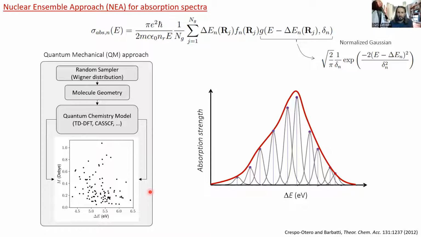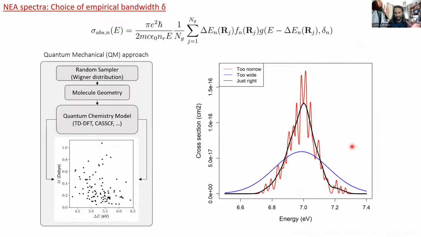And so the total spectrum is calculated as the sum of the individual contributions of each of those geometries, and each of those geometries contributes with a normalized Gaussian that has a characteristic bandwidth, which we call the empirical bandwidth. So the problem is, how do we choose this bandwidth or this delta? Because if it is too narrow, we will have artificial vibronic noise, and if it is too wide, we will over-smooth the spectrum. So we have to find a compromise to obtain the best shape for the spectrum.